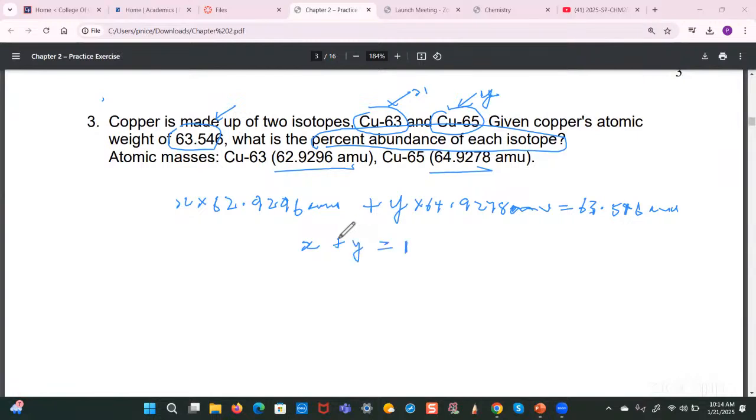I don't know what they call these simple equations, they call it something different nowadays, right? But basically, you have two equations with two unknowns, and now you should be able to solve for them. So how do you solve for X and Y?